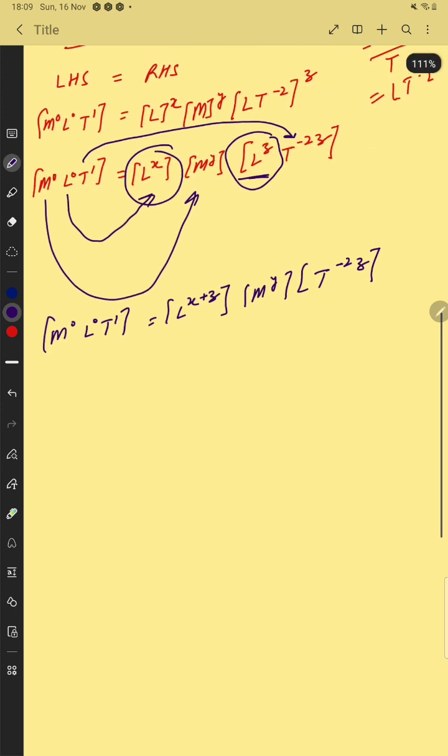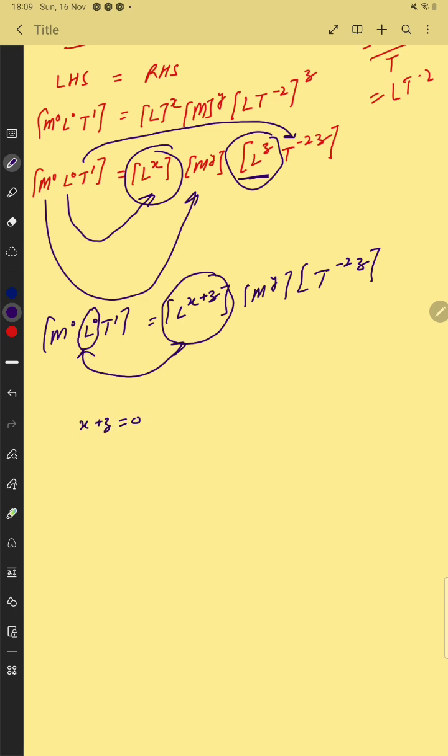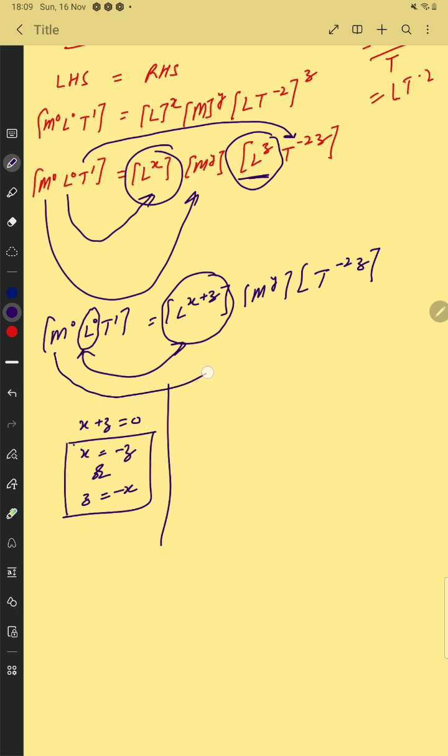Now, dear students, matching the length exponent, x plus z is equal to 0. So x is equal to minus z, or z is equal to minus x. Now matching the mass, y is equal to 0.